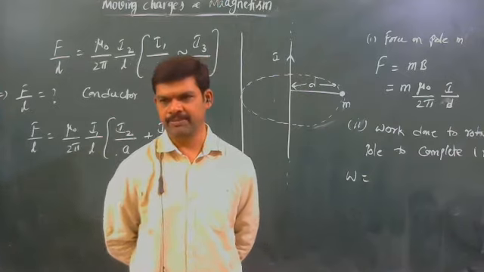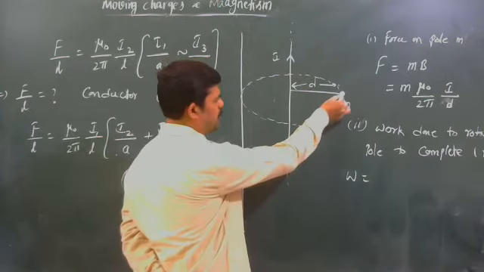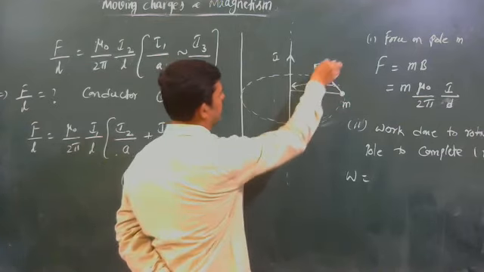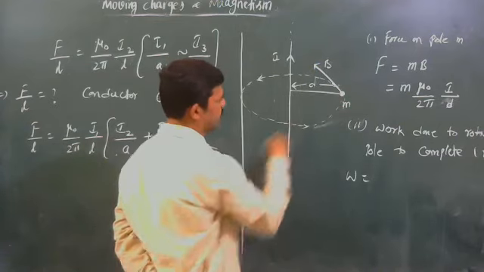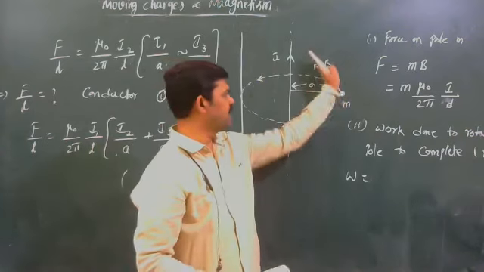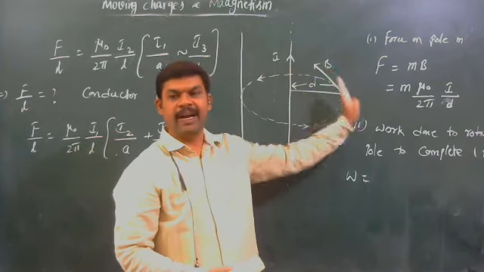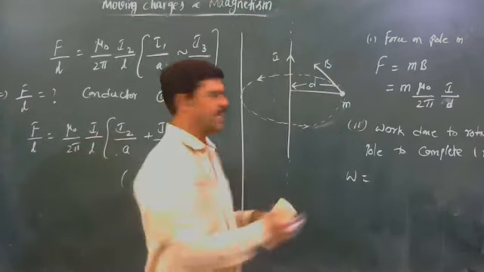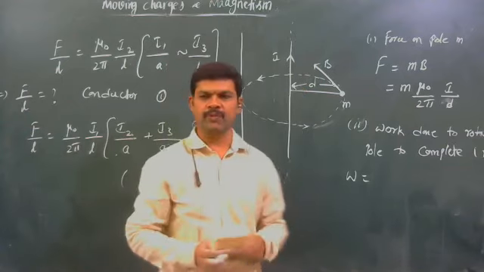But here the pole does not experience the force towards the center. The field direction is tangential, and the pole always experiences the force along the field direction, not towards the center about which it is rotating. So force is not 0.